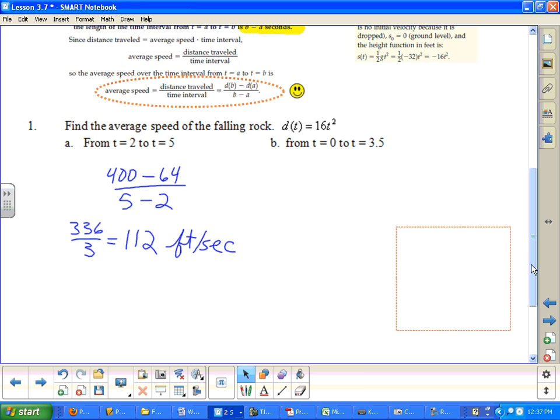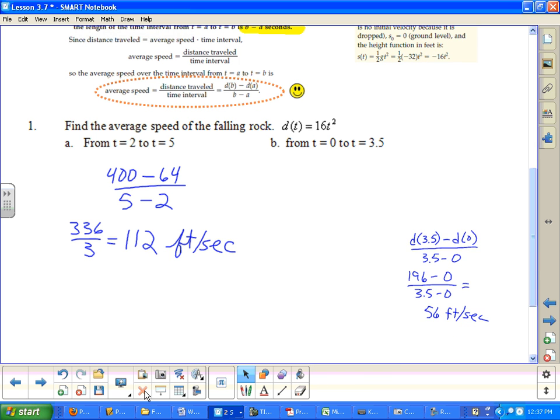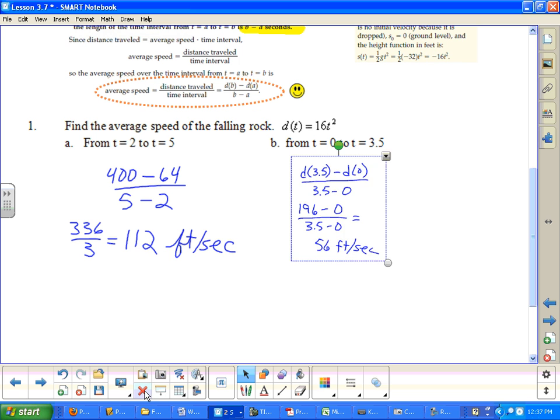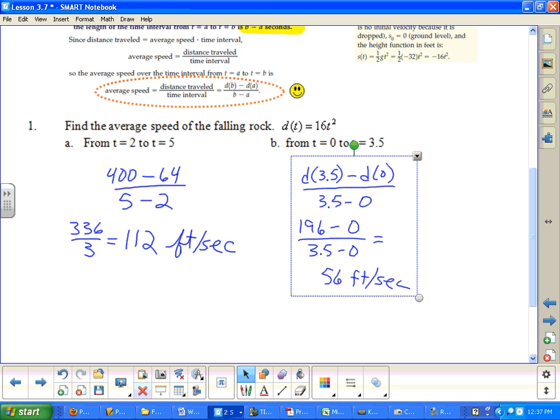From 0 to 3.5 seconds, it would average 56 feet per second during that time. It's the distance traveled after 3.5 seconds minus the distance traveled after 0 seconds, divided by 3.5 minus 0.